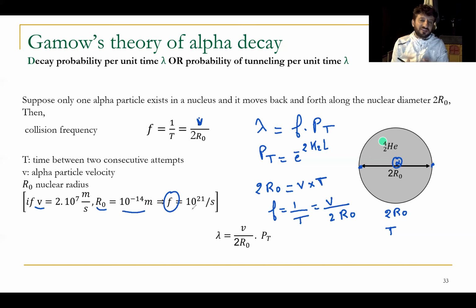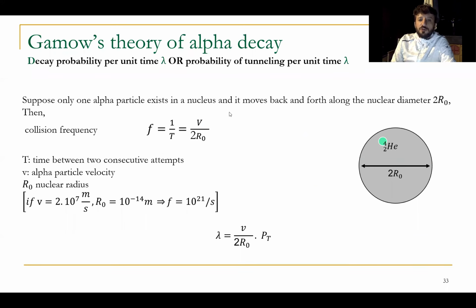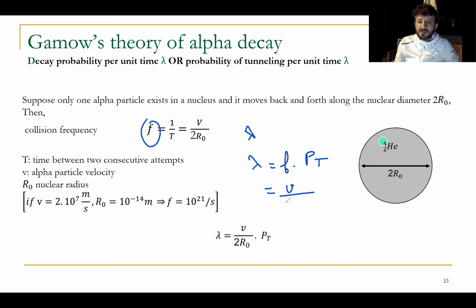So f is the number of attempts per second, the number of collisions per second. As we have lambda equals f times Pt, we can put f by its value, v divided by 2 r0, times Pt.